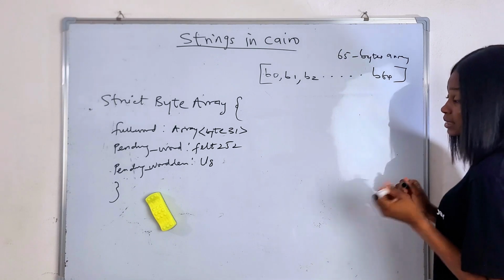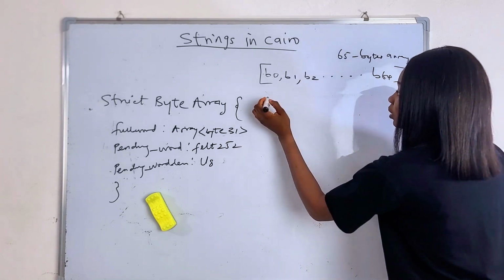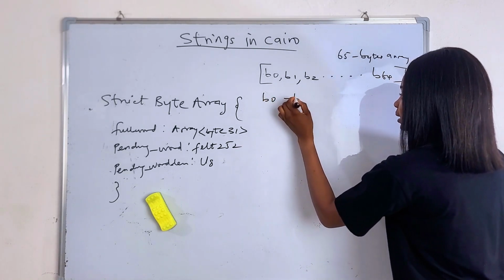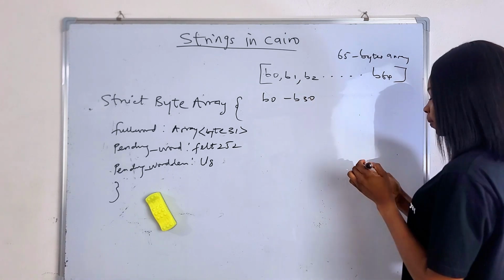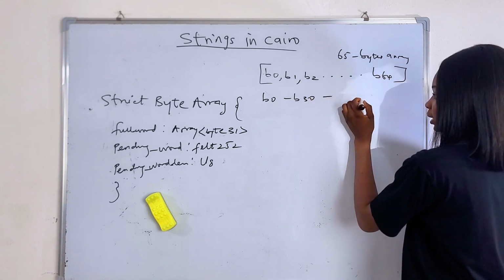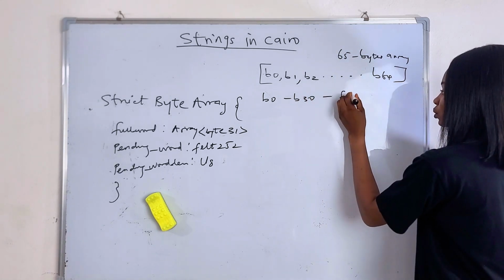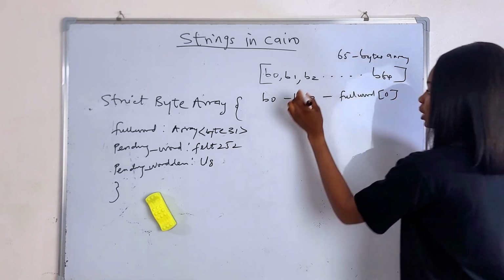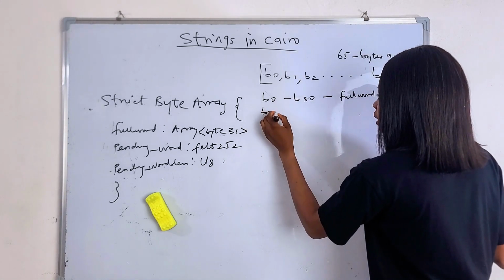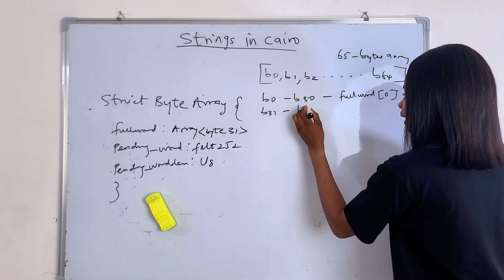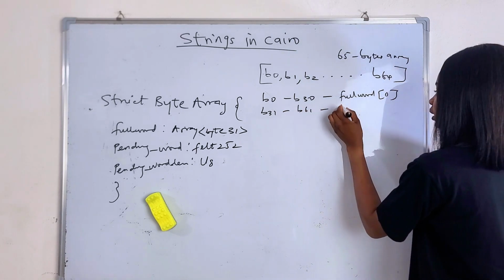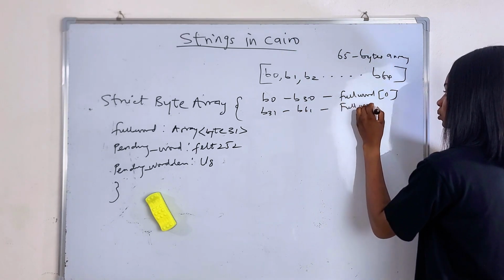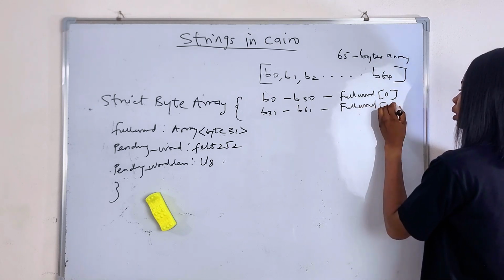What happens is that first, byte 0 to byte 30 is stored in the data at index 0. Then byte 31 to byte 61 will be stored at index 1.